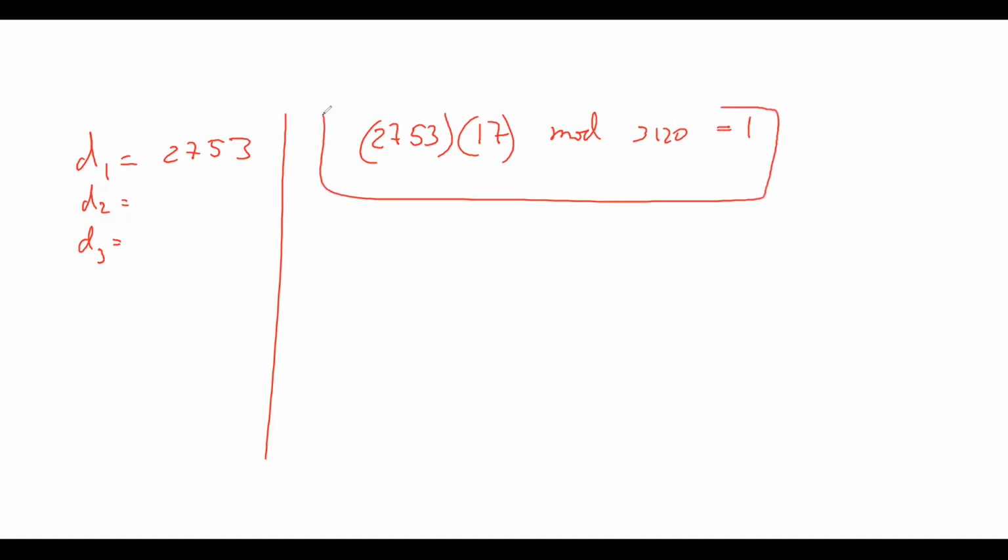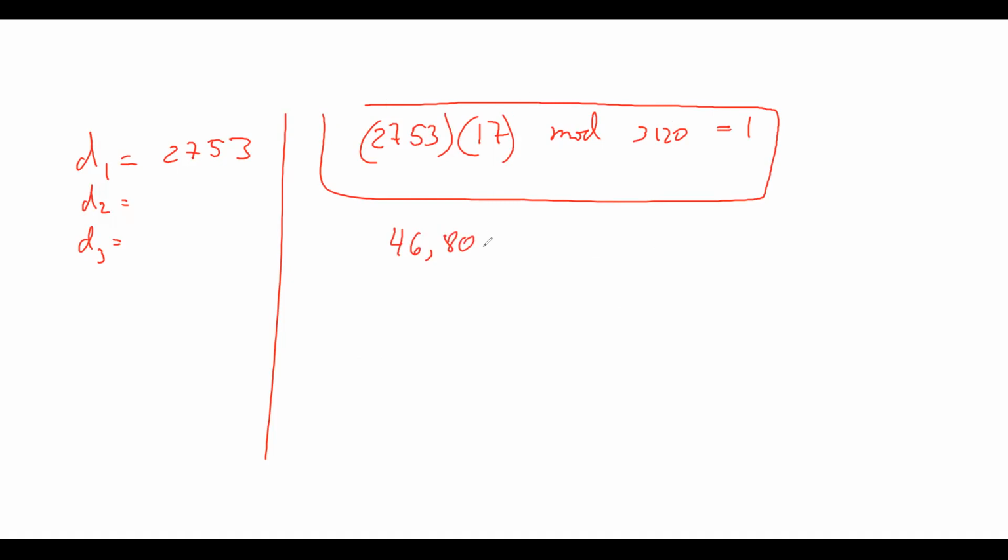The remainder should be equal to 1. To prove this, first of all, 2753 times 17. Notice that the numbers initially were very small, but it's already getting pretty big.